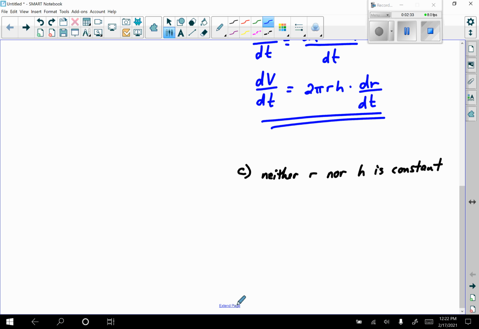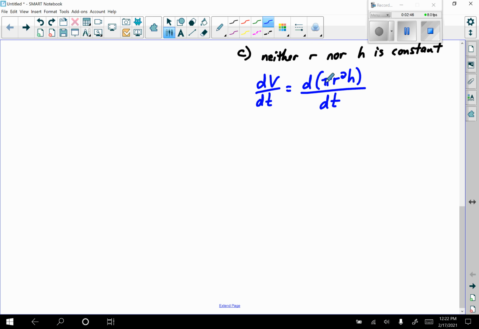Now for part C, they want us to relate all three together, dv over dt to dr over dt to dh over dt. This time neither r nor h is constant, so we'll start off the same way. But this time we have to use the product rule because both r and h are variables.